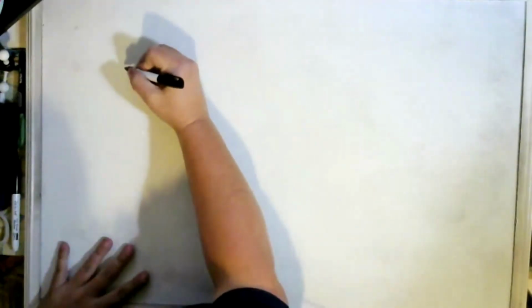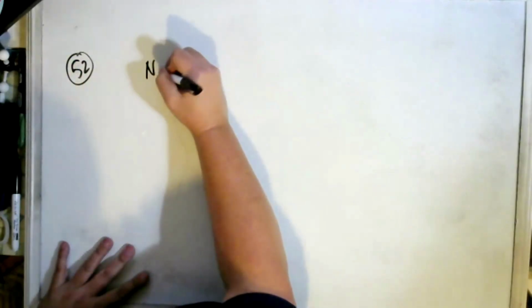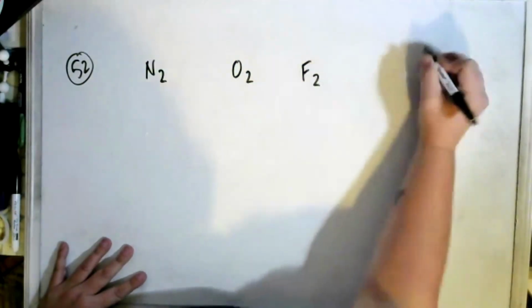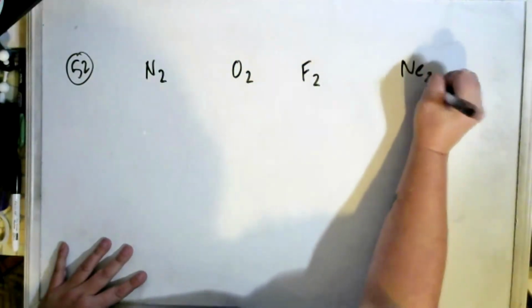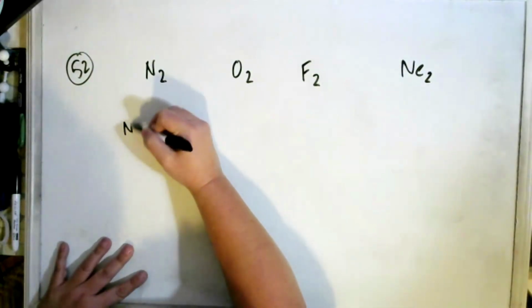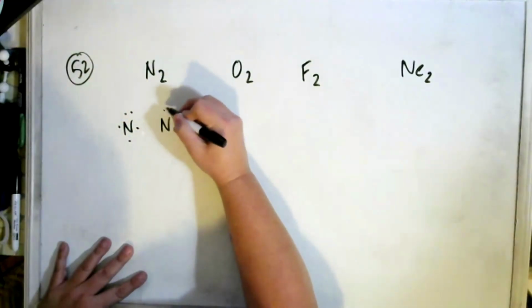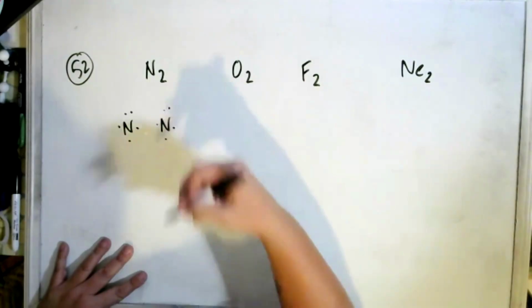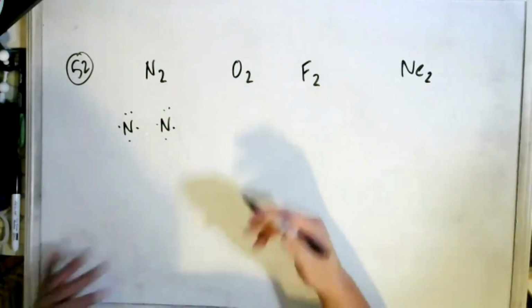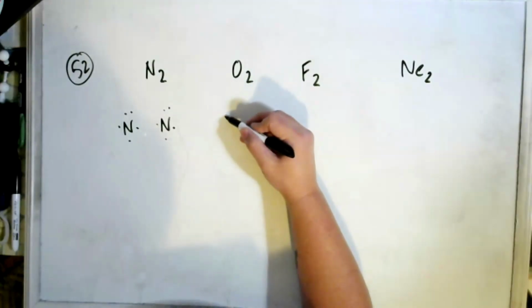Okay, we have N2, O2, F2, and Ne2. All right, if we have 2 nitrogens, there's one of these that would hopefully stand out to you very quickly when you're looking at their individual valence electrons.